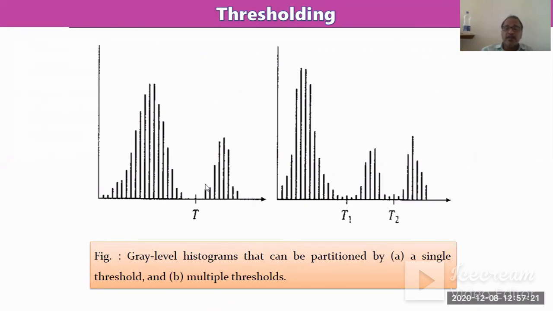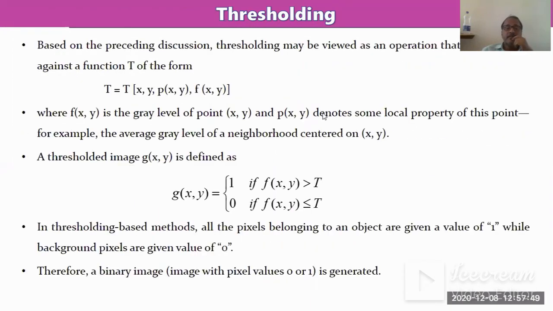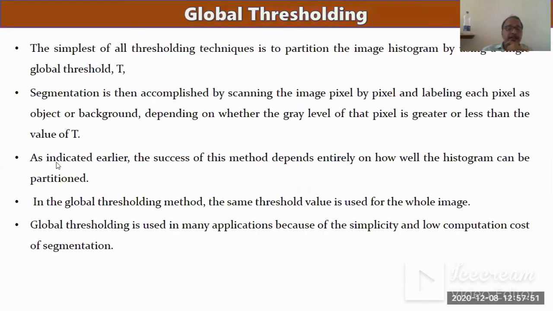If there are some other lines like this, we cannot say that it is properly segmented. आपण अशा जर असतील, असे जर ग्राफ असेल तर आपण हा पूर्णपणे प्रॉपरली 3 पार्ट मध्ये डिवाइड झाला म्हणू शकत नाही. Okay, so as indicated earlier, the success of this method depends entirely on how well the histogram can be partitioned.